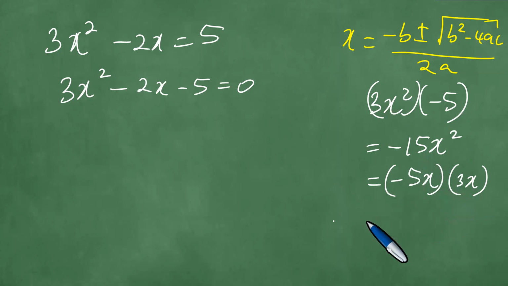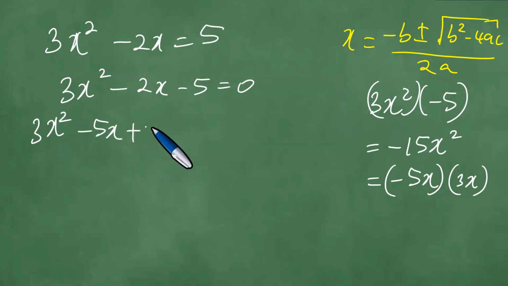But when you add these two numbers, minus 5x plus 3x, what is that? It's minus 2x. You get the point? Minus 5x plus 3x is minus 2x. So this has allowed us to break down the minus 2x and factor out x here.